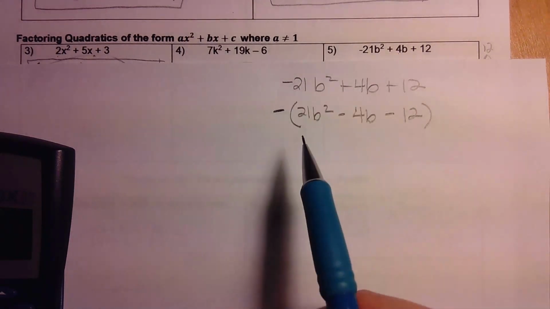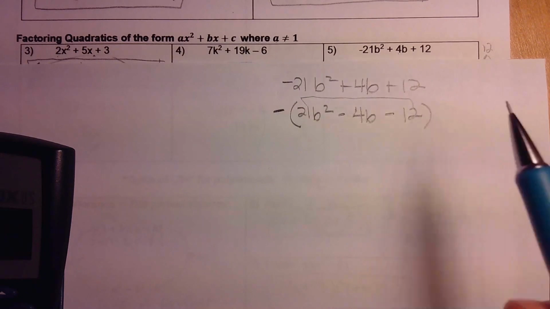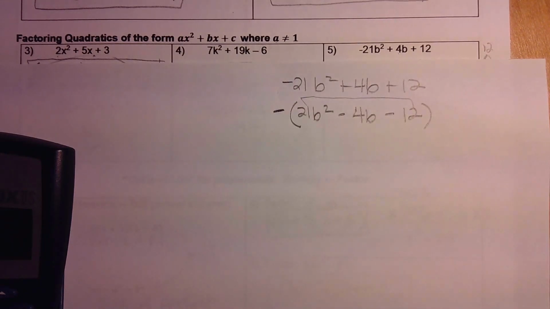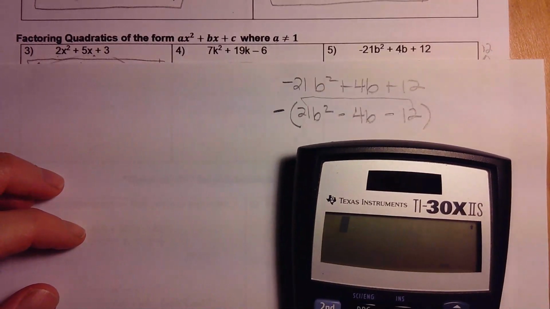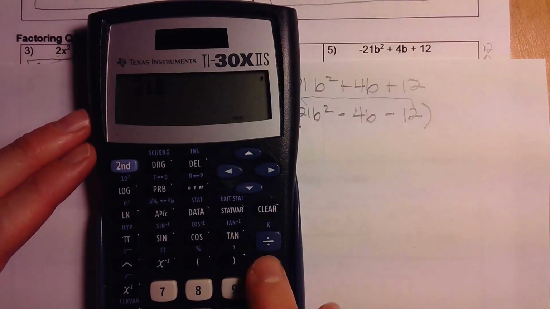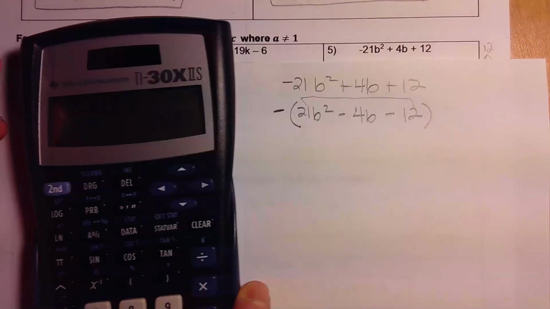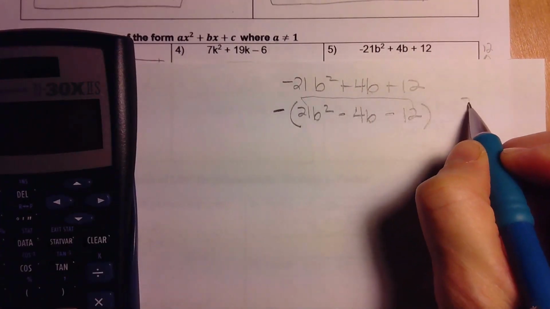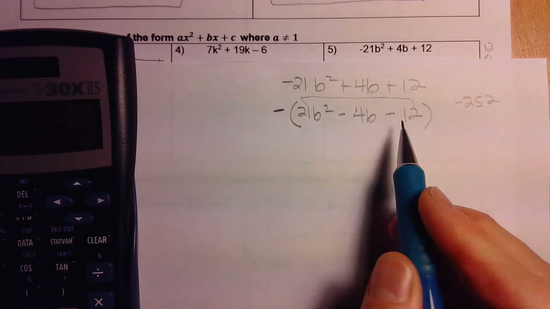Okay, so step 1 is to multiply these two numbers together, which is a bit of a nightmare. Let's see, 21 times 12 is 252. And it's negative because that was negative 12.